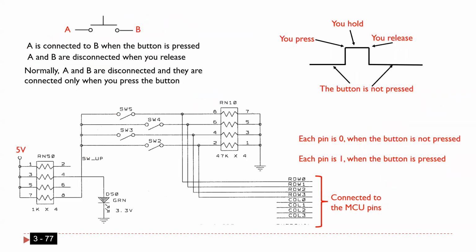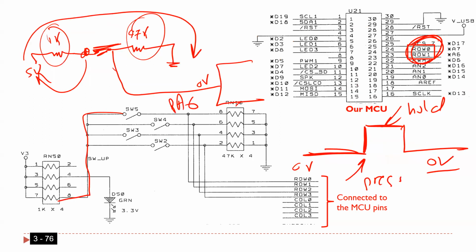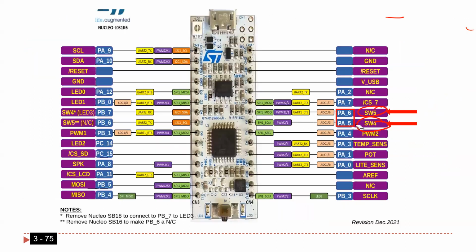Okay. Programming wise, nothing is new, because all you have to do is configure, and I already explained it before. If you want to use switch 5, this push button, you have to configure PA6 as input. Okay, I already explained how you can do that. If you want to use switch 4, you have to configure this one as input.